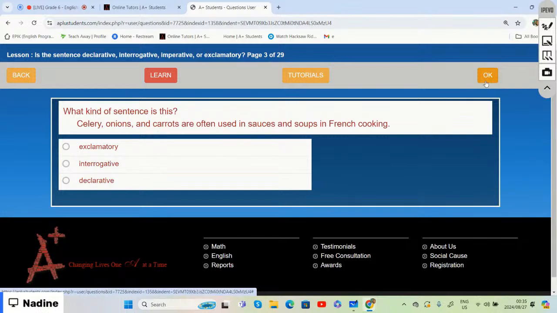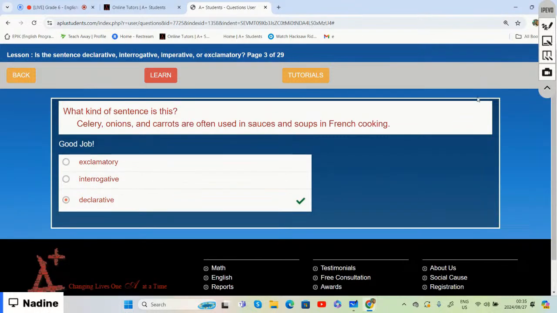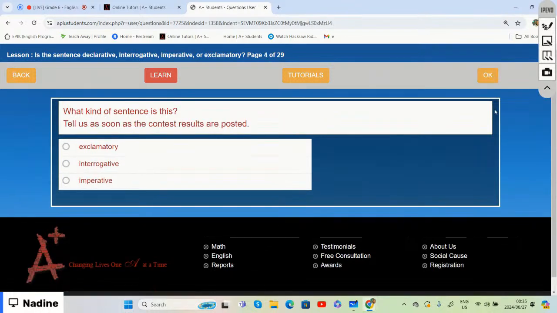And if we were to choose the correct one, which says celery, onions, and carrots are often used in sauces and soups in French cooking, and it ends with a period, we can say it is option three. It is basically just a declarative sentence. It is a statement that someone makes, right?